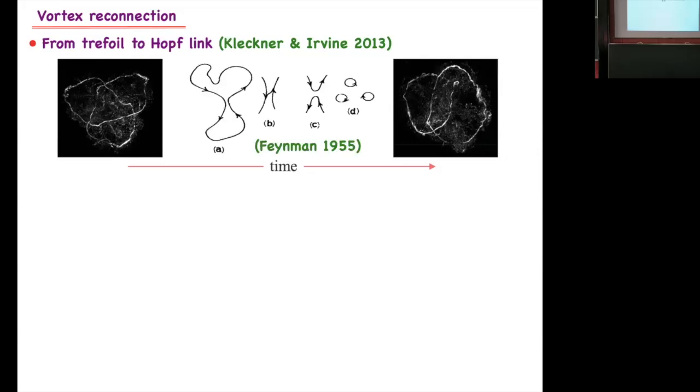Okay, so we have this stage, and the picture of Feynman, I show it again. Why? Because in '55, he didn't have any information on reconnections, but he had a vision. And he said that not only does the big thing reconnect, it reconnects in an anti-parallel fashion, which is remarkable for that time.